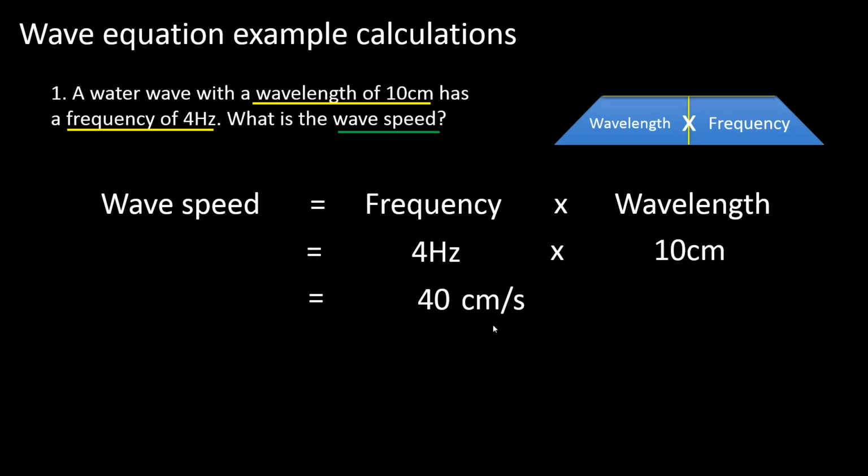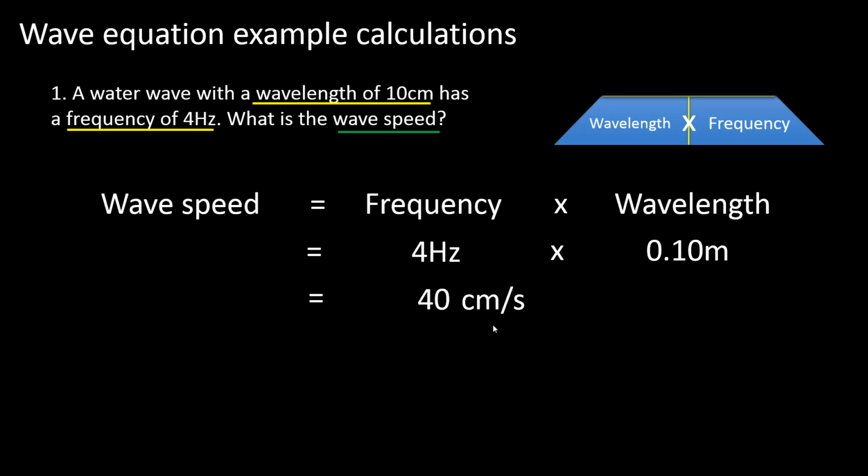Now, sometimes you'll get a free choice of units, but sometimes the space for the answer will have a unit filled in, so you've got to watch out for that. And if that happens, make sure you convert to the right unit. For example, if it had already said wave speed in meters per second for this answer, we would have to change the wavelength from 10 centimeters to 0.1 meters to make it standard units.